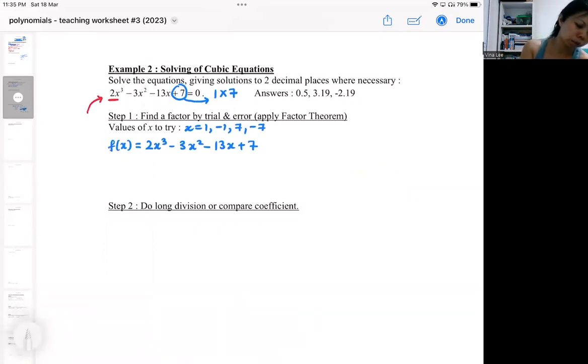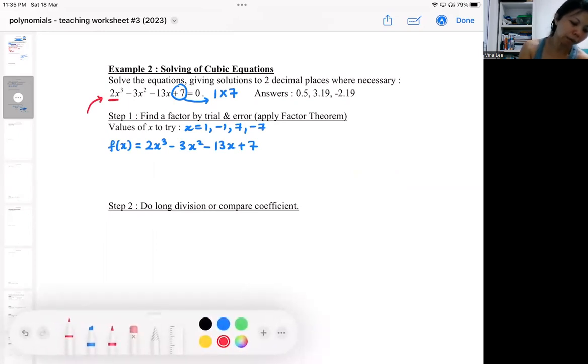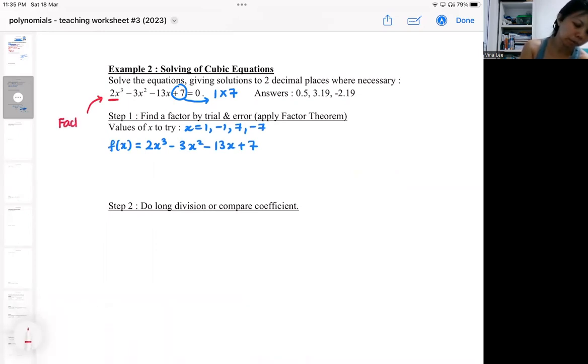The coefficient is 2, so the factors will be 1 times 2. Then you take the reciprocal of the factors.